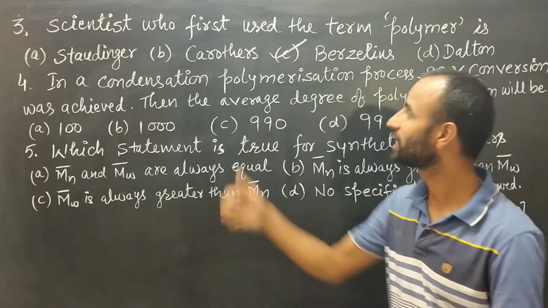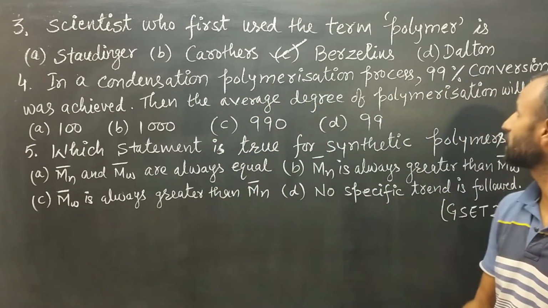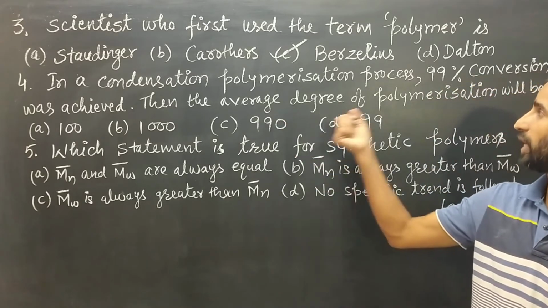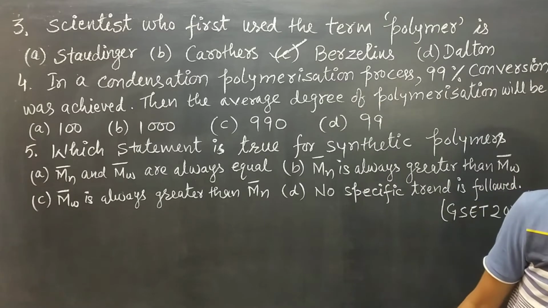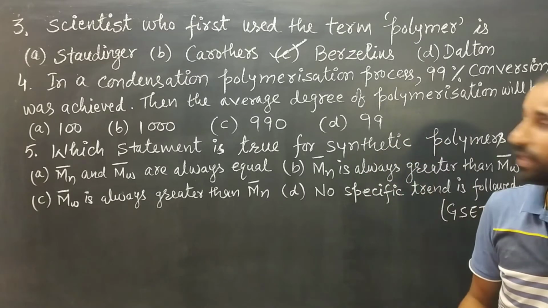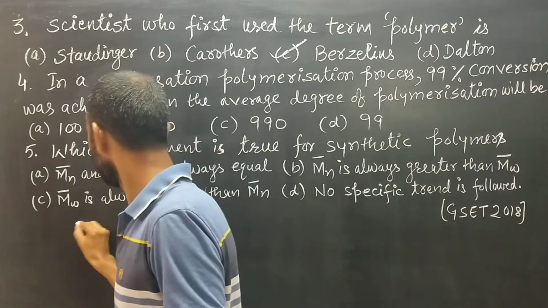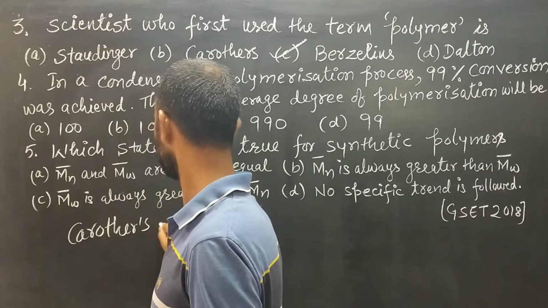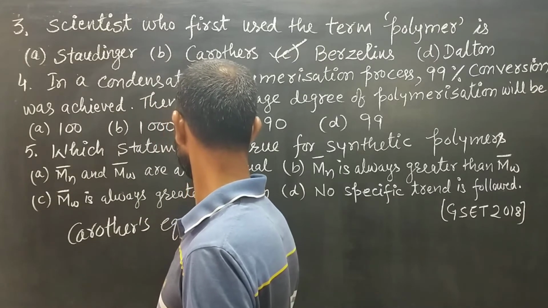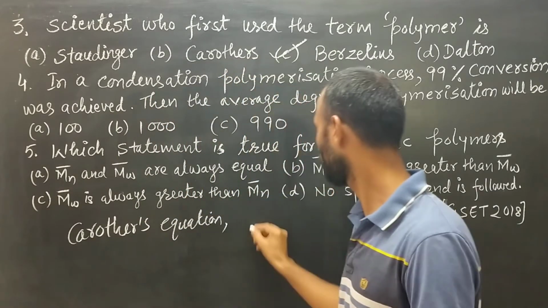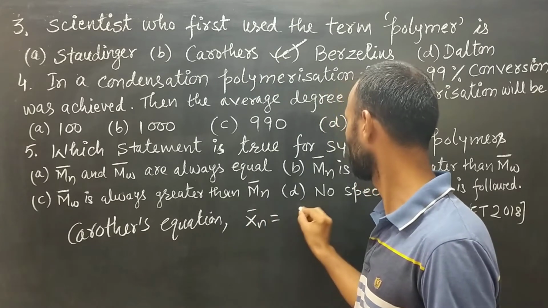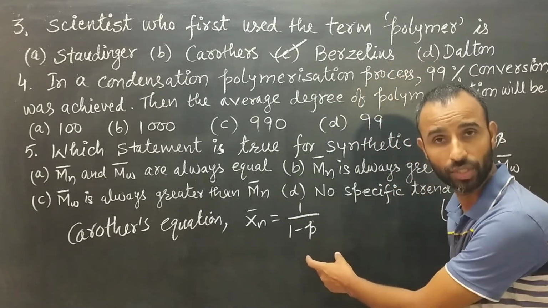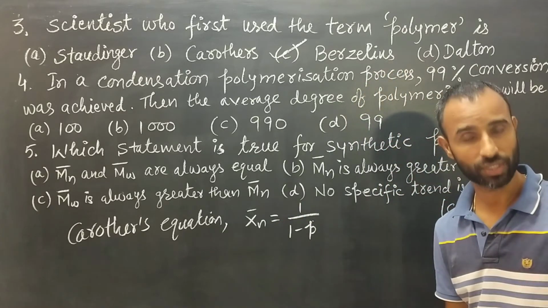Then, in a condensation polymerization process, 99% conversion was achieved. Then the average degree of polymerization will be, see, it is given by the Carothers equation. According to the Carothers equation, the average degree of polymerization is equal to 1 upon 1 minus P. This P is the fractional conversion.